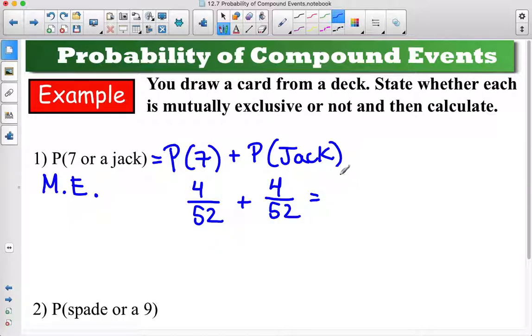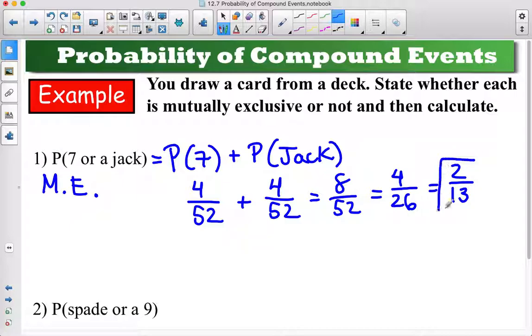So I would say it's 8 out of 52. If I simplify 8 out of 52, I could divide them by 2 first, and I get 4 out of 26, and then I notice I can do it again. I end up getting 2 out of 13, because I could have divided them both by 4 at first. So 2 out of 13 chance.